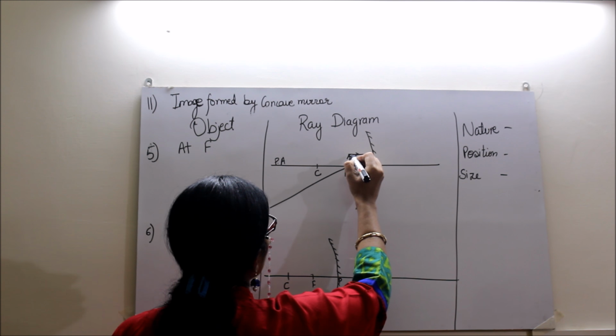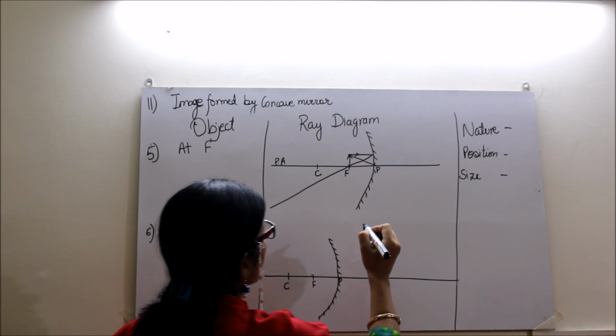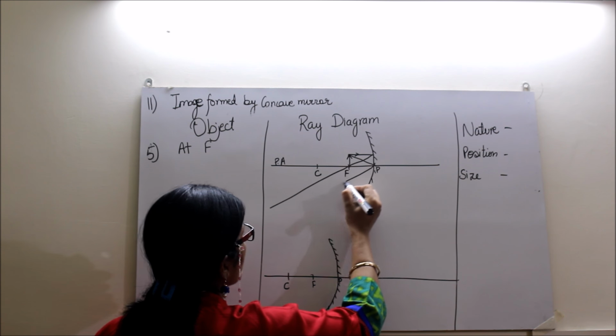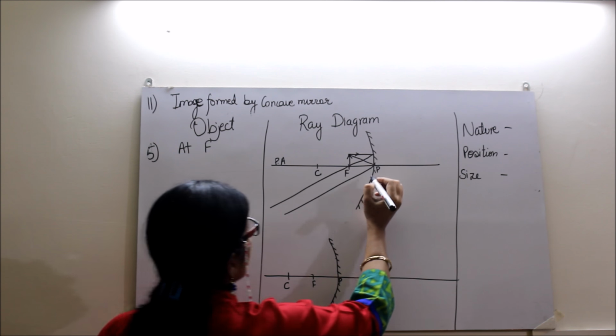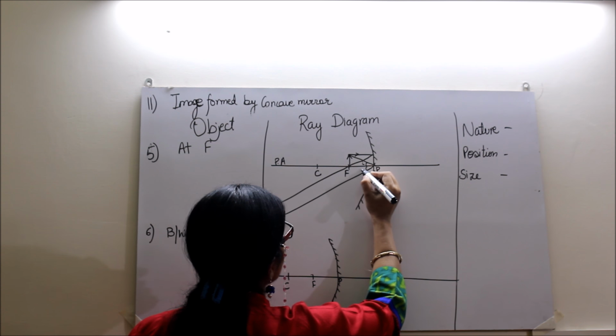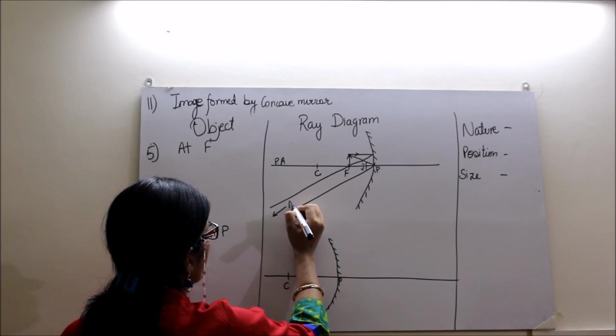And the second rule can be for the oblique incidence: any ray falling obliquely on the pole will be reflected below the principal axis such that angle i is equal to angle r, and the image will be formed at infinity.